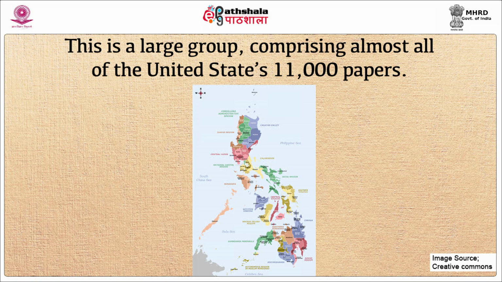This is a large group comprising almost all of the United States' 11,000 papers. According to John Loriter, an award-winning North Carolina community newspaper editor, in 2006, out of 9,321 newspapers in the US, about 97% were considered small or community newspapers.